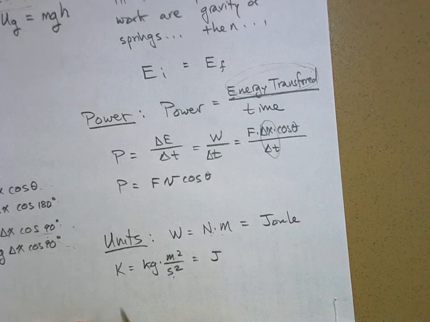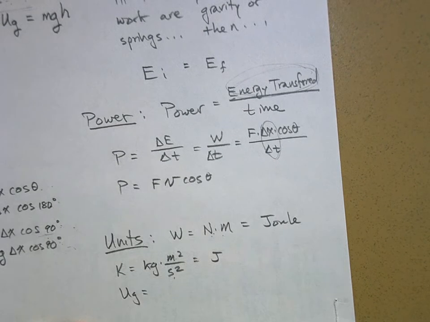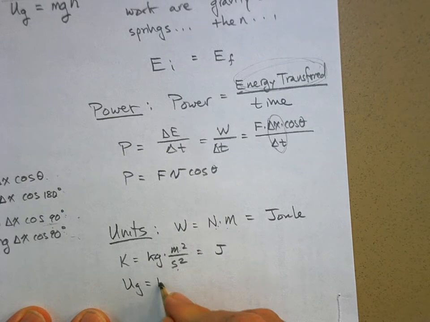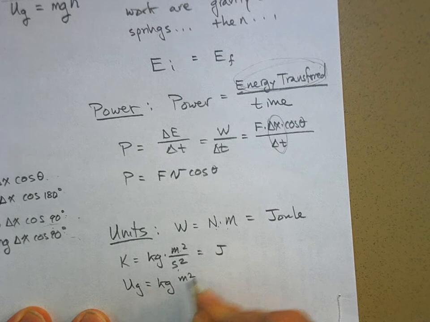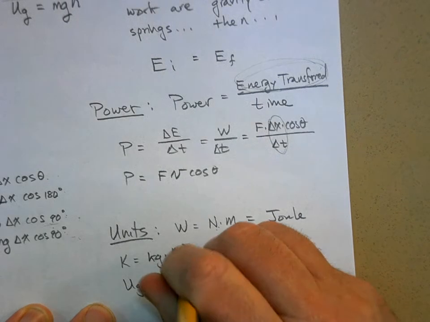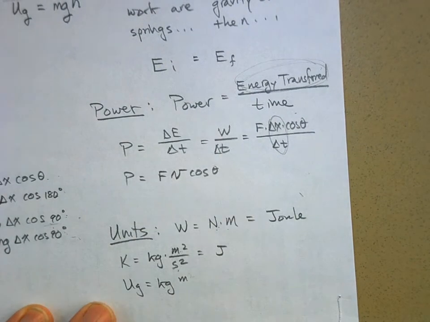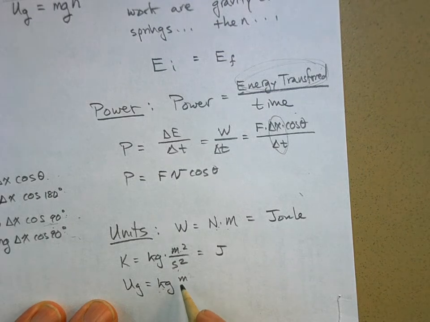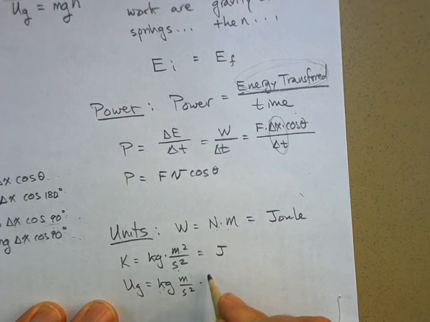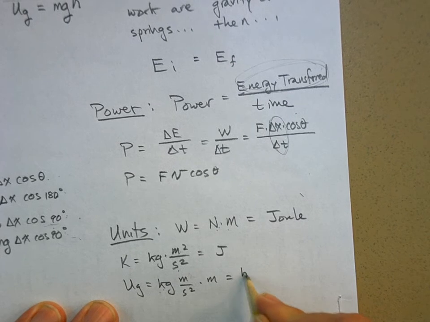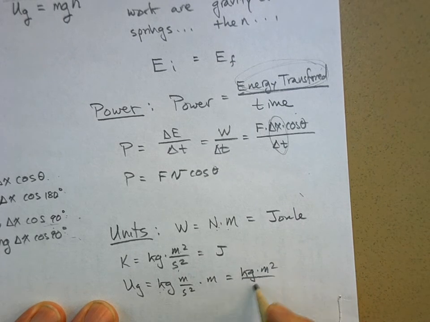And gravitational potential energy is mgh: mass is kilogram, g is meters per second squared, and h is meters. So you get the same kilogram meter squared per second squared, and that's joules again.